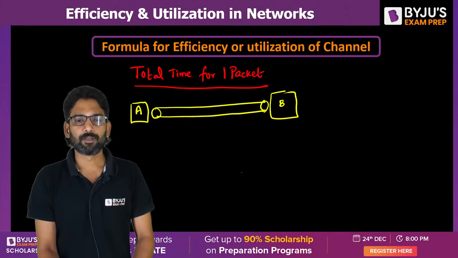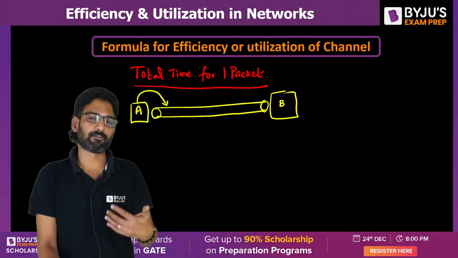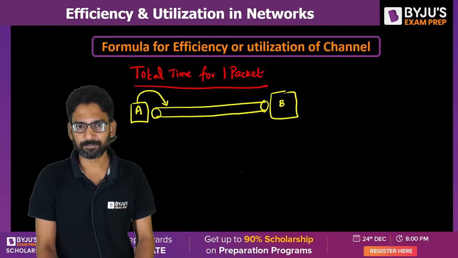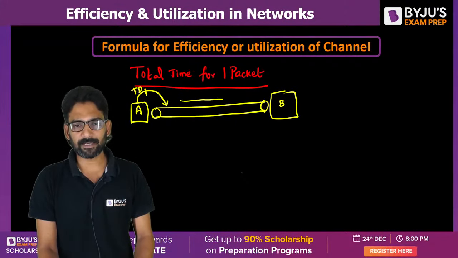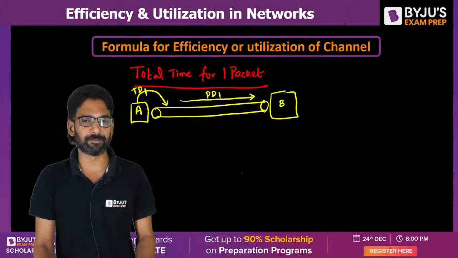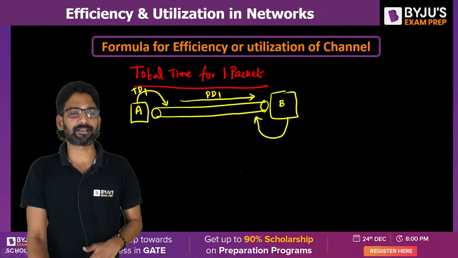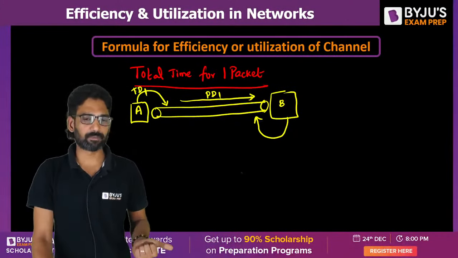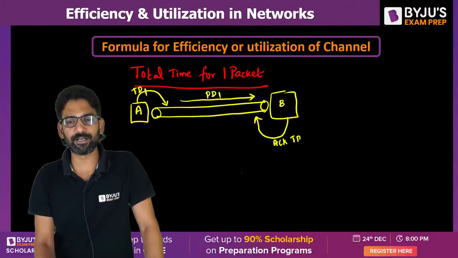Okay? So A has to load the data, the frame, the packet into the channel. This is taking transmission delay. And that packet has to travel towards B, propagation delay. Then once receiver accept or reject whatever may be, the acknowledgement must be loaded into the channel.